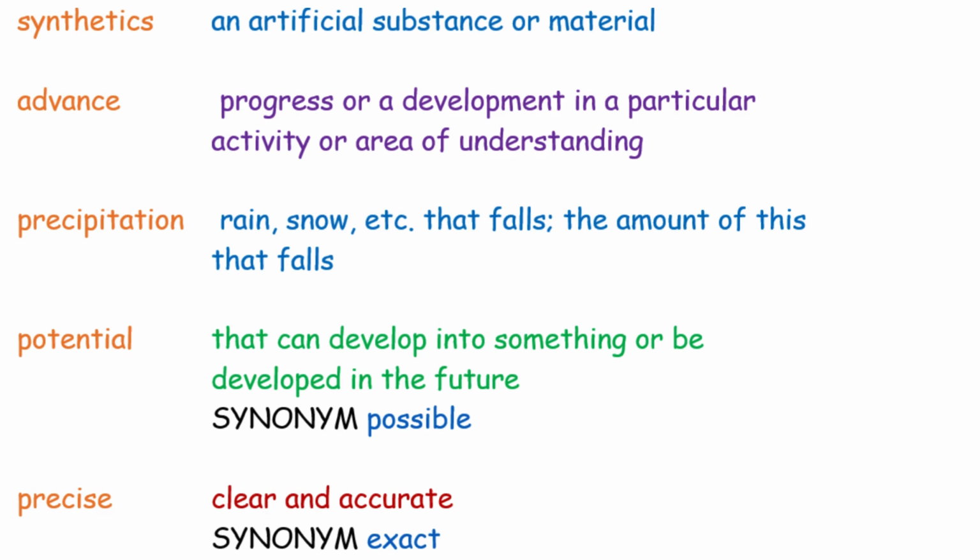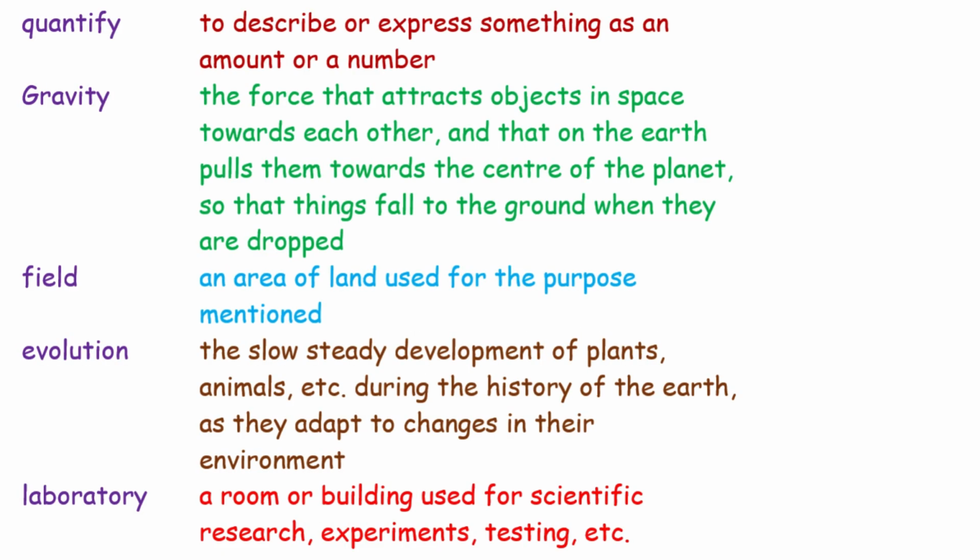Synonym: possible. Precise. Clear and accurate. Synonym: exact. Quantify. To describe or express something as an amount or a number. Gravity. The force that attracts objects in space towards each other, and that on the Earth pulls them towards the center of the planet, so that things fall to the ground when they are dropped.